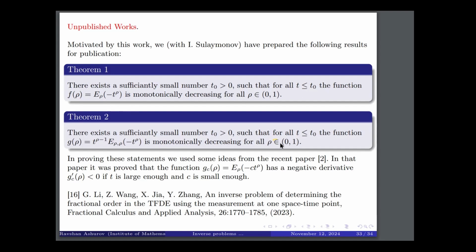The method of proving this, we borrowed from this paper, which was published recently, in 2023. The authors consider this function. Here, you see, we just removed c. And they proved that this derivative is negative if t is large and c is small. So here we removed the condition of large t, but we proved the same results for small t.